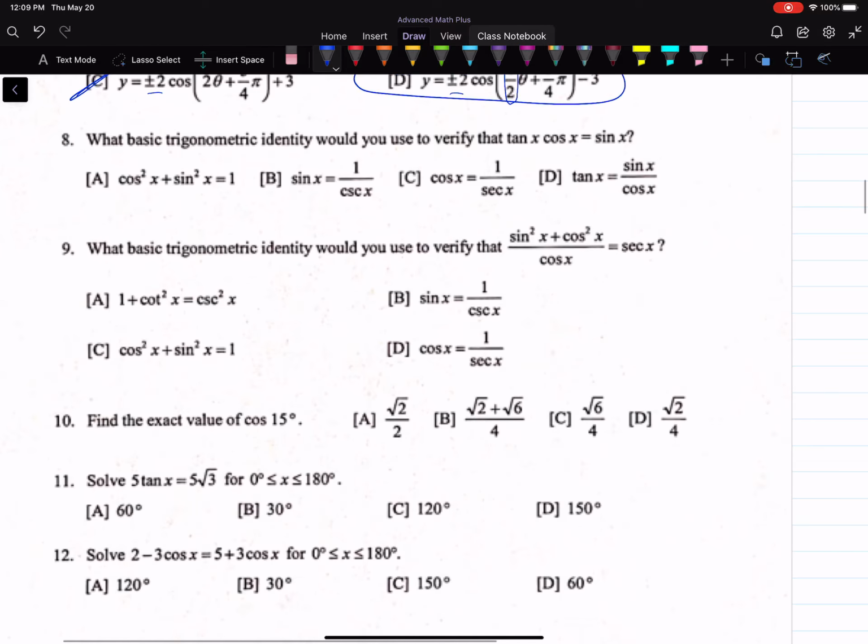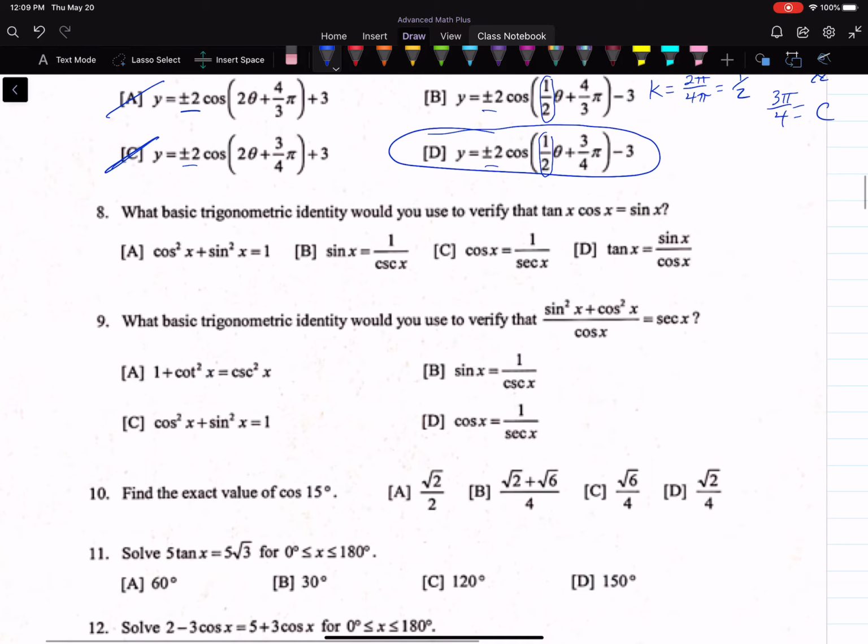All right, number 8. At number 8 is when the trig stuff starts to happen. So if you have your formula sheet, this would be a good time to pull it out and start using it a little bit. It says, what basic trig identity would you use to verify that tangent x cosine x equals sine of x? Well, if you'll remember when we did the trig, what did we always try to make everything into?